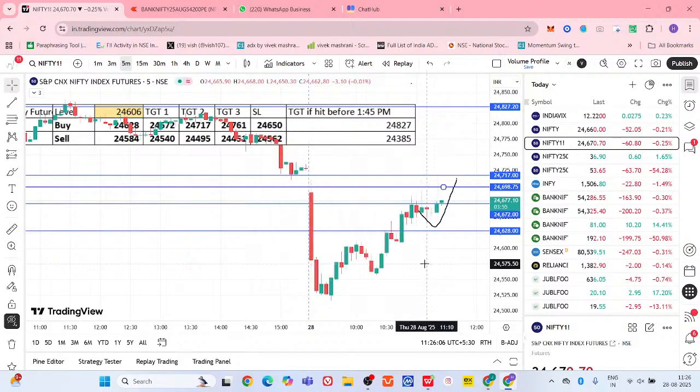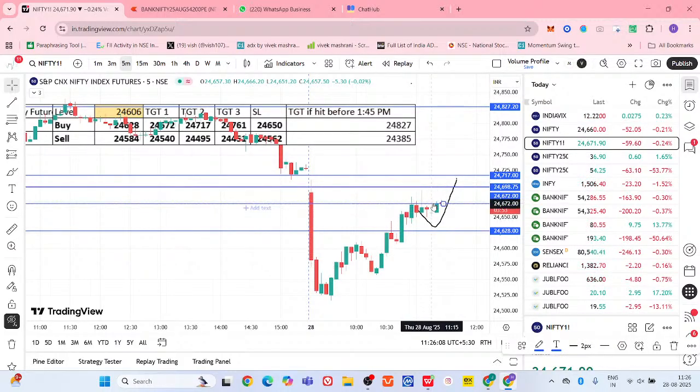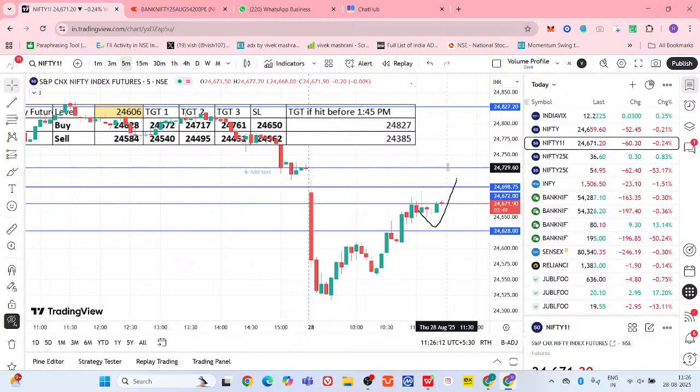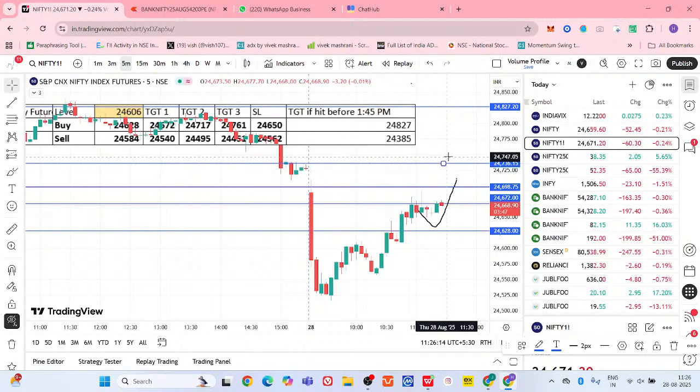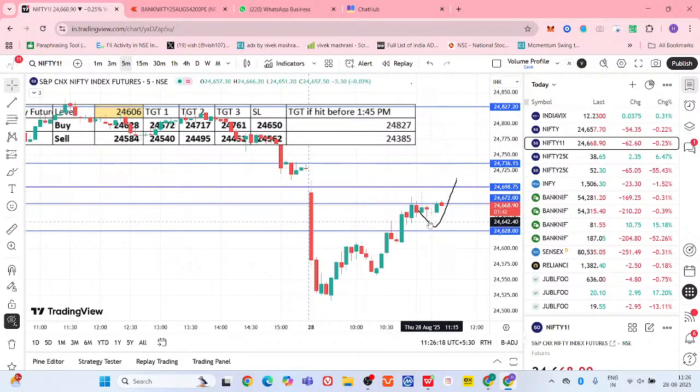This level, if it sustains, we don't need to see this. It will easily hit 736. Okay. What is my level? So I would expect this price to come down and then move up. So we'll wait. Okay.